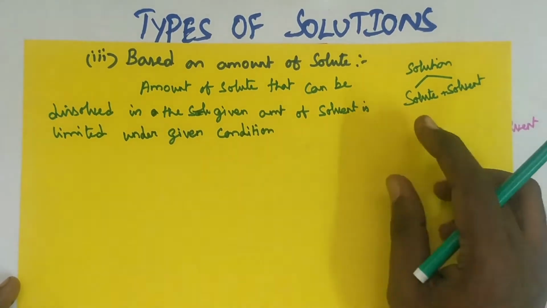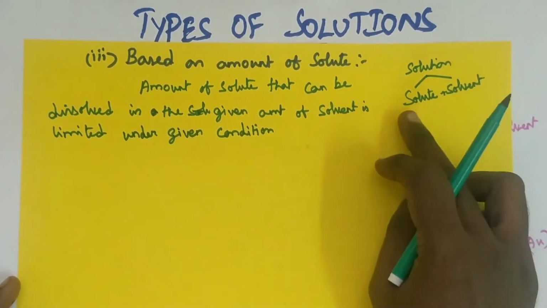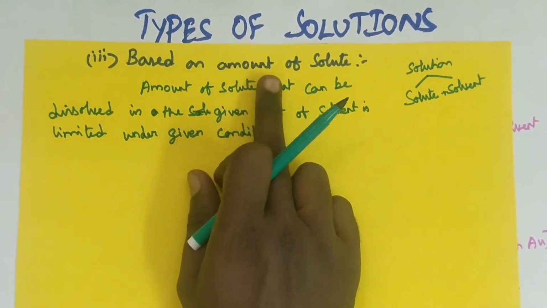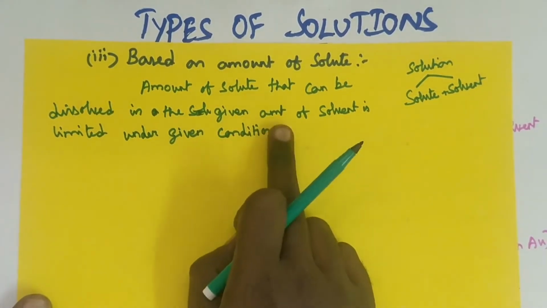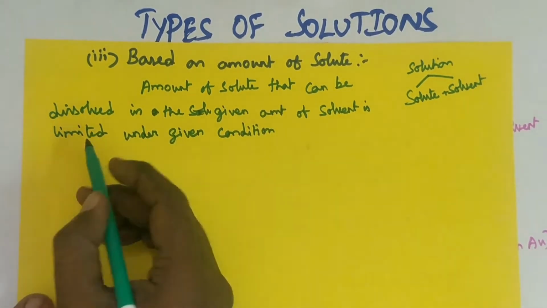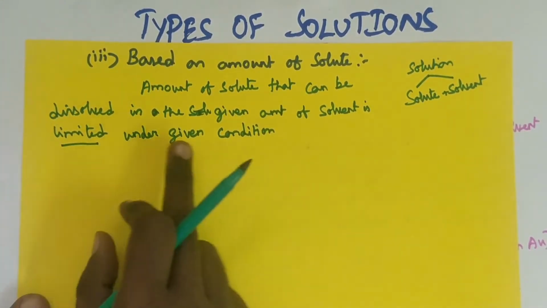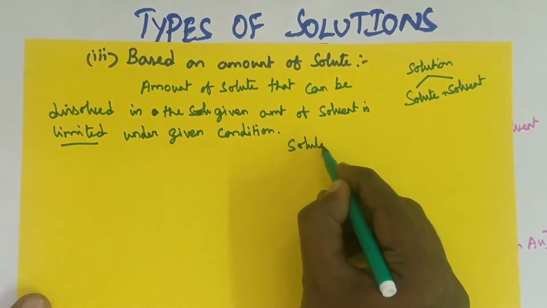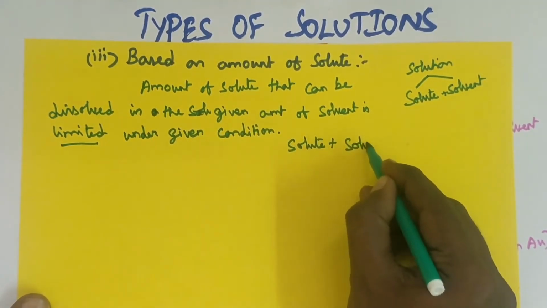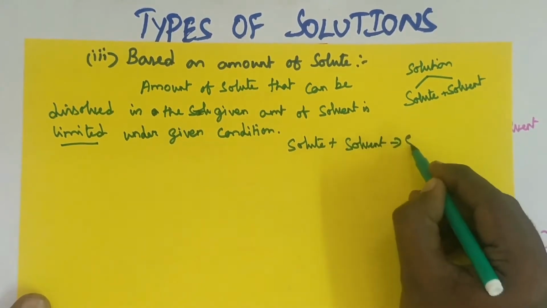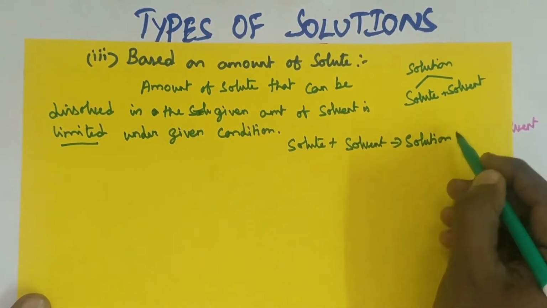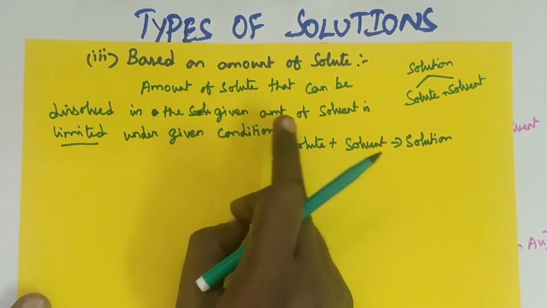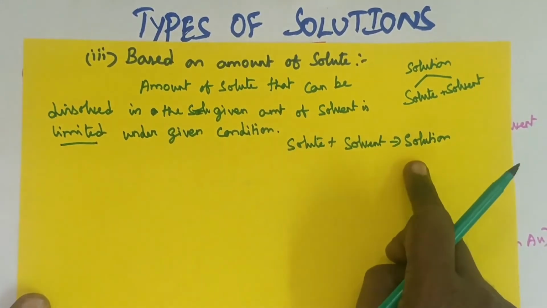So already I said every solution, the solute has certain limit to dissolve in the solvent. So third one is based on that. Amount of solute that can be dissolved in the given amount of solvent is limited, underlying important, limited under given conditions. So already we know solution means solute plus solvent combined to form a solution. Same way, in this we dissolved certain amount of solute in the given amount of solvent to form a solution.